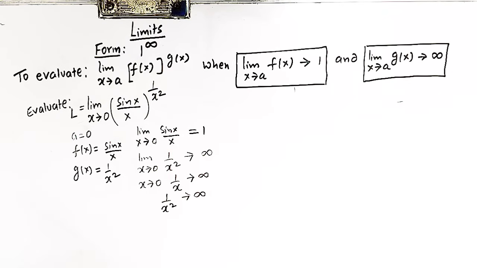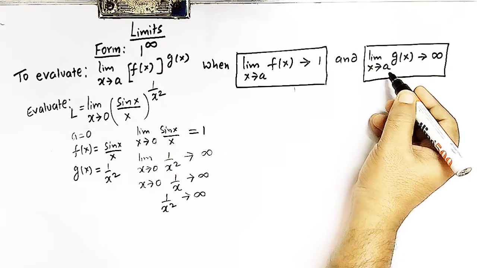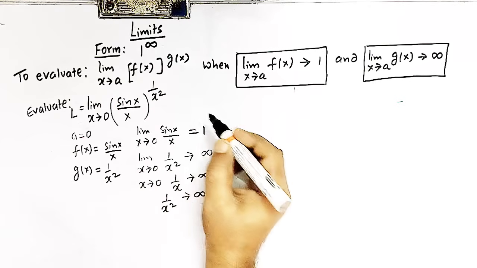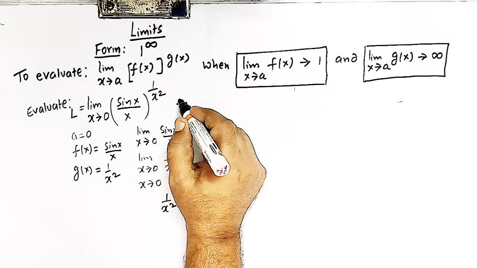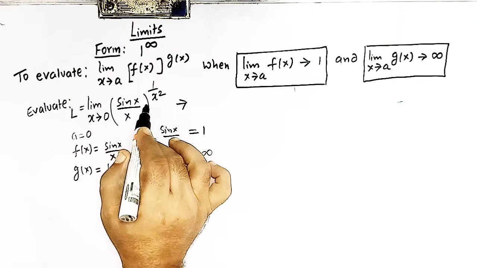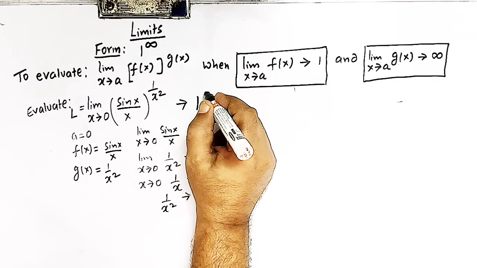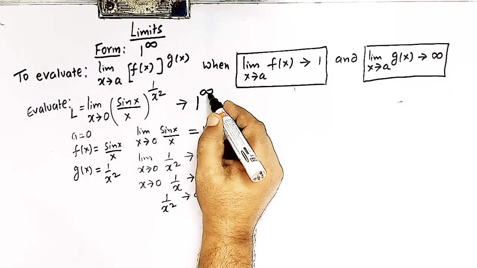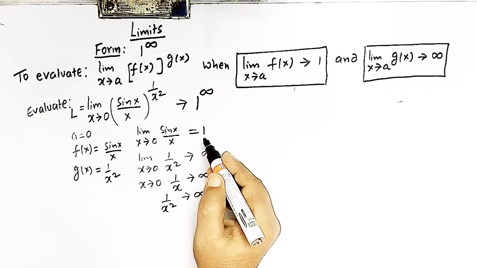So this condition is also satisfied. We can now claim that limit x tends to 0 of (sine x over x) raised to 1 over x square is of the indeterminate form 1 raised to infinity, right?